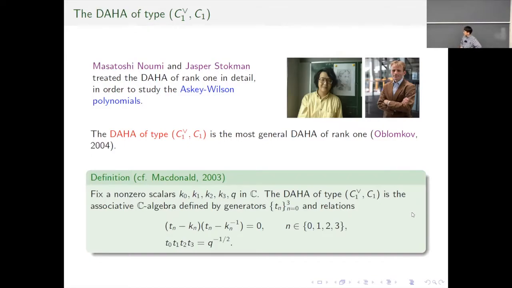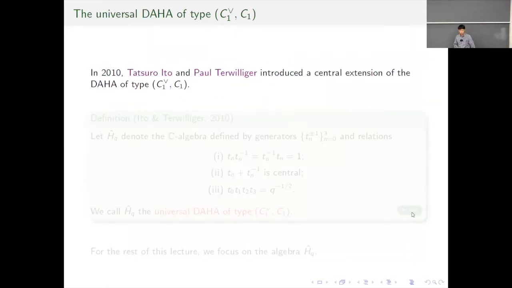From these relations, it follows that each generator is actually invertible, and Tn plus Tn inverse is equal to Kn plus Kn inverse.